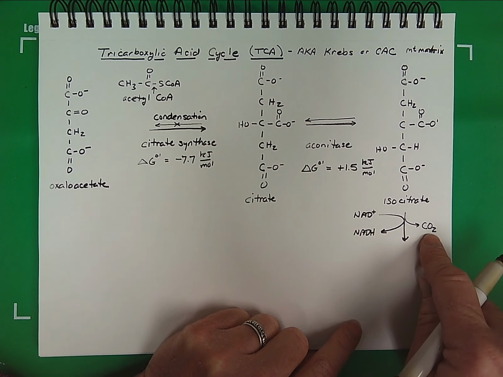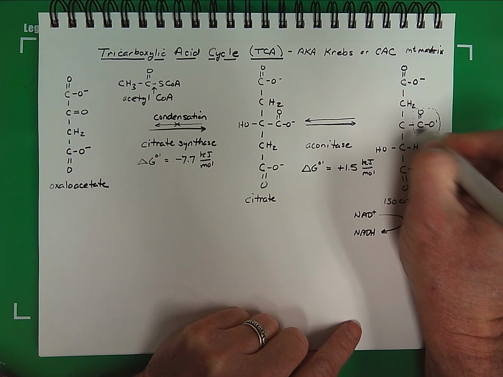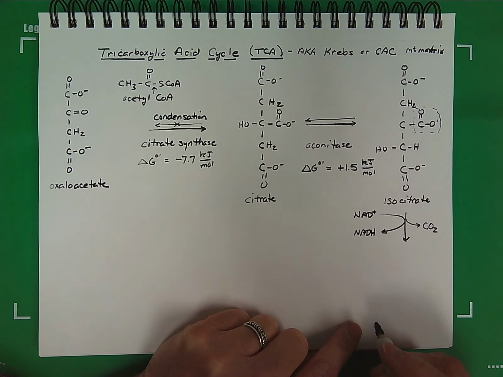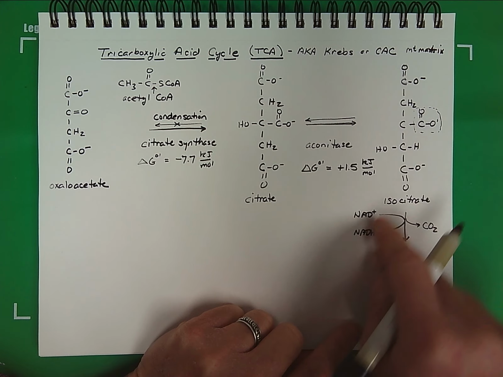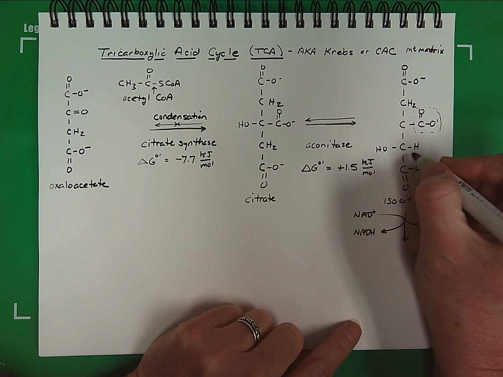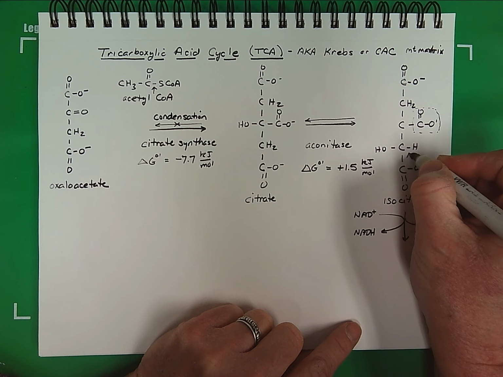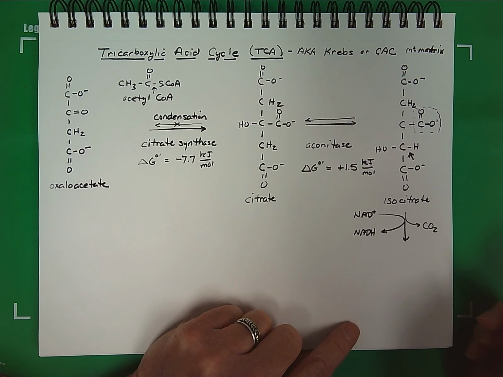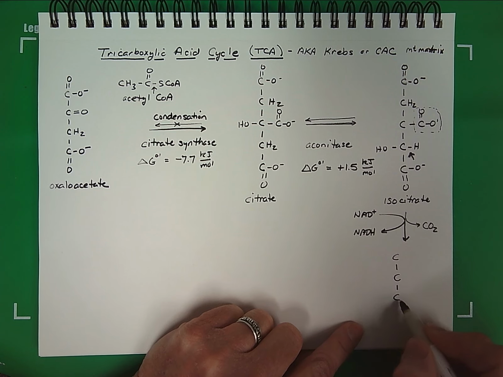So the carbon dioxide that we're losing is this one right here. It's in the middle of the chain. The bond that we are going to be reducing, reducing those electrons to NAD to make NADH, is right here, this carbon-hydrogen bond. So after performing this reaction, we will generate a 5-carbon intermediate.